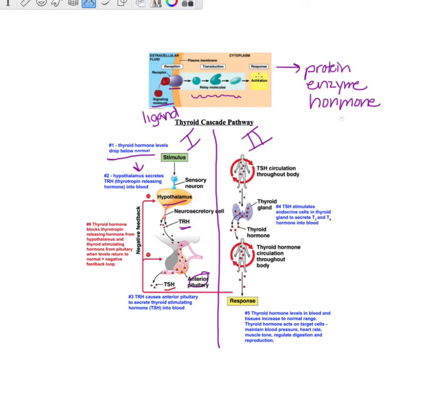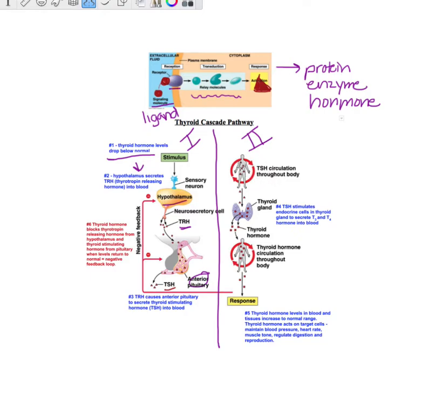So the response is red triangles. That's the end of the first signal transduction pathway. Now this TSH will then go out into the bloodstream and circulate through the body, and that's indicated here.